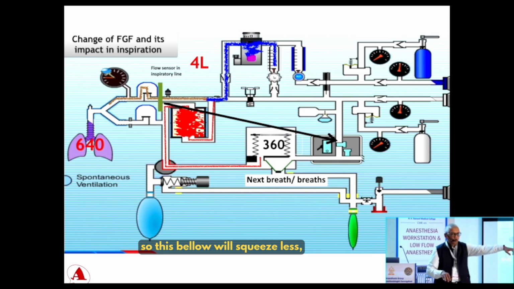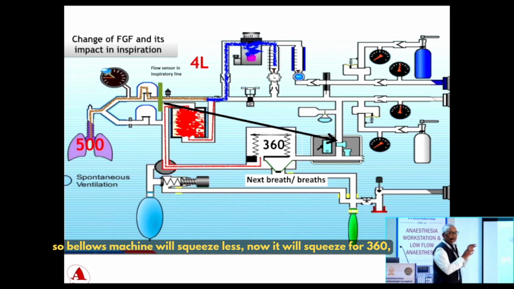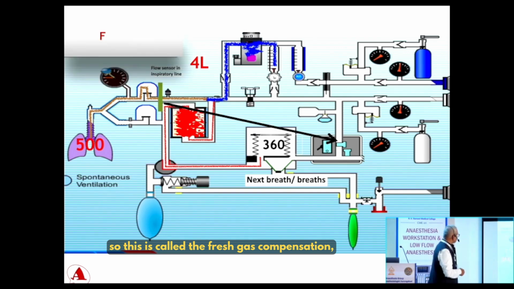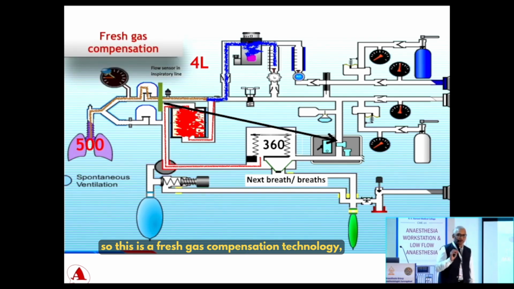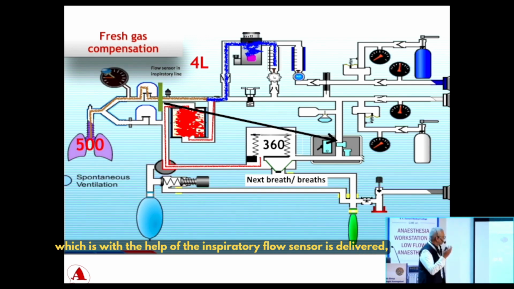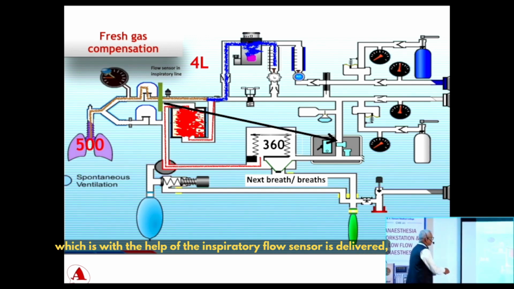So the bellows will squeeze less if you increase the flow. Now it will squeeze for 360, so the resultant tidal volume is a final 500 ml. This is called fresh gas compensation. It is delivered with the help of the inspiratory flow sensor.